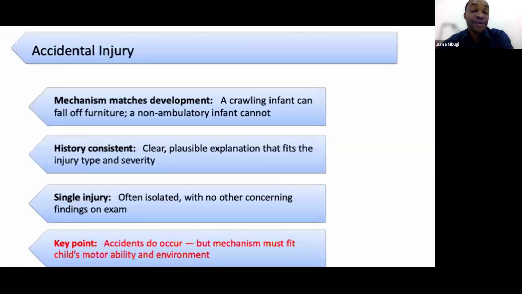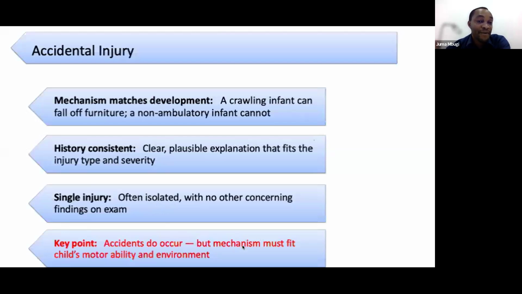So long as we're talking about non-accidental injuries, we can also have accidental injuries. In accidental injuries, usually the mechanism matches the child's developmental age, and the history is consistent with the type and severity of injury. Usually a child may present with just a single, isolated injury.